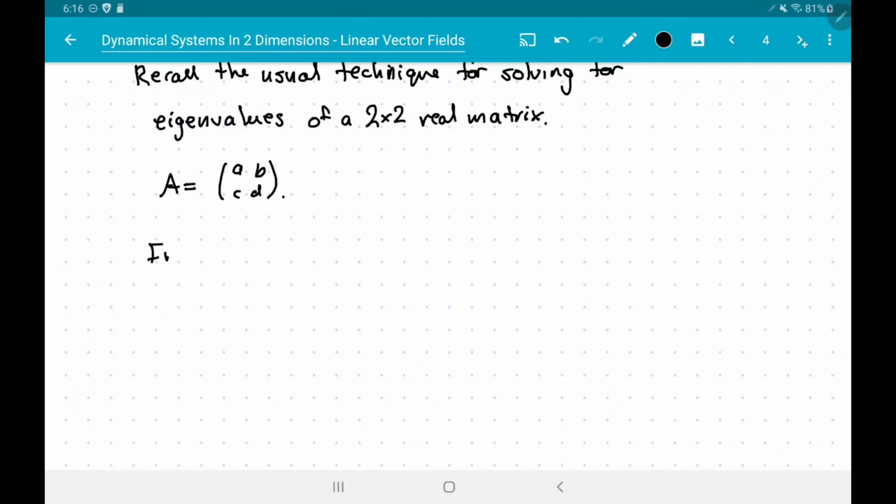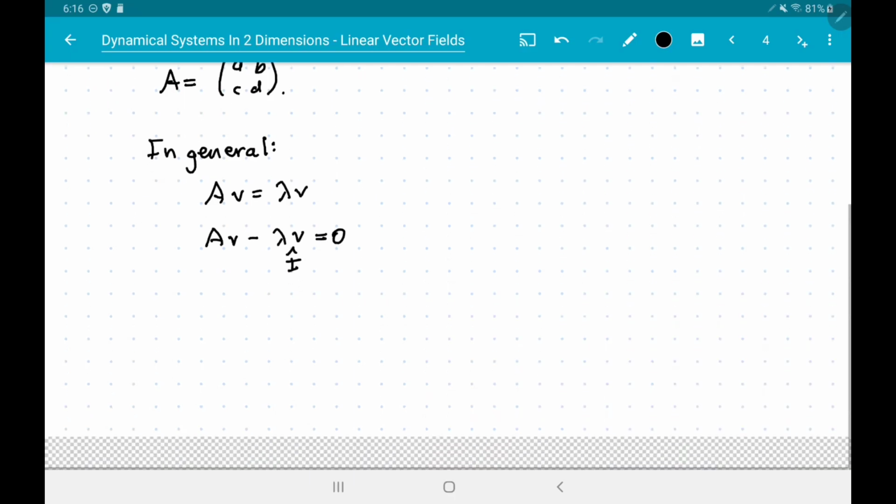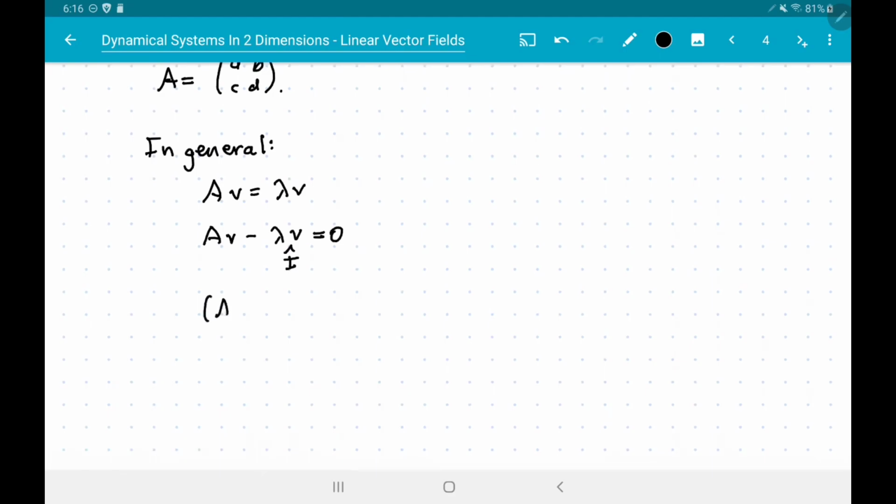Now, in general, you can start with an abstract eigenvalue equation like this and rewrite it like this, and then we can stick in an identity matrix here and pull the V out like this. So A minus lambda I in a group times V equals 0.